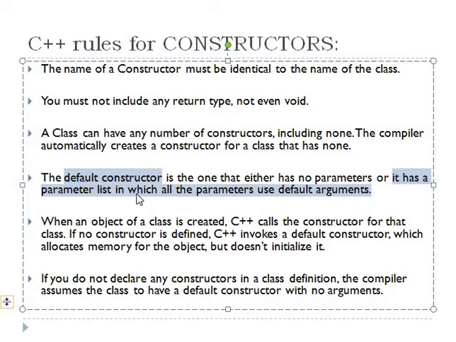This is the second criteria for a constructor to become a default constructor. In order to become a default constructor, if the constructor has some parameters, then all those parameters must have default arguments.